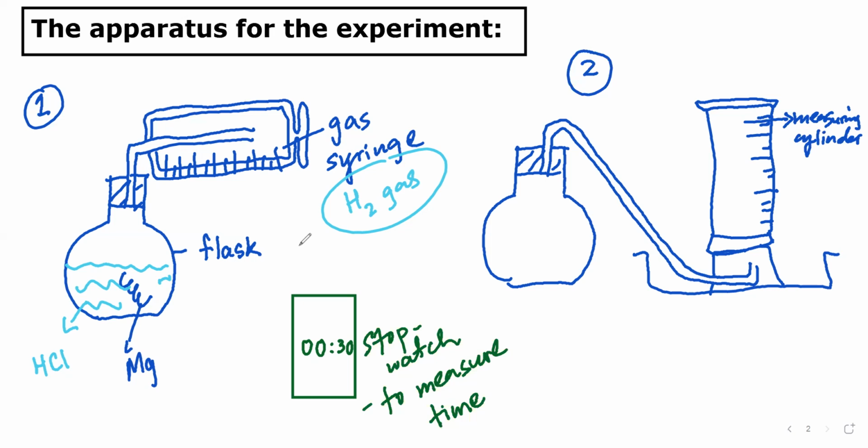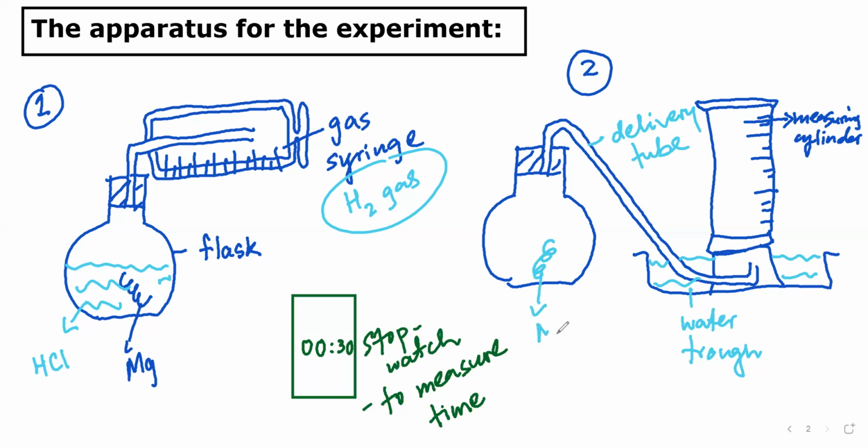This is basically water here. This is called a water trough. We will make ourselves very familiar with the apparatus. What is this? This is basically the delivery tube. Here, what do we have? We have magnesium ribbon. And what else? There will be hydrochloric acid as well. So the same apparatus, stopwatch, can be used.